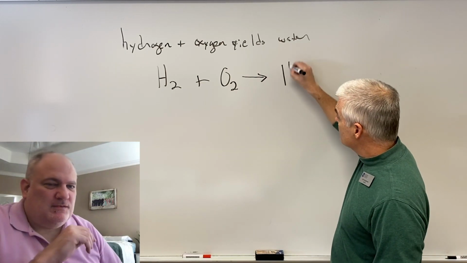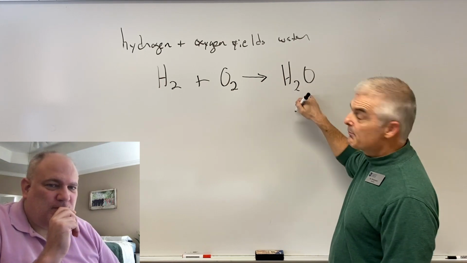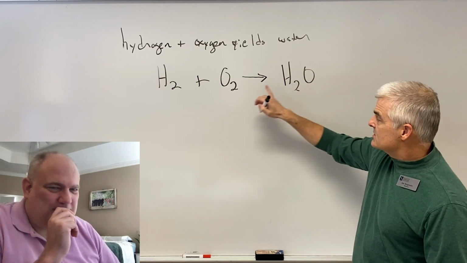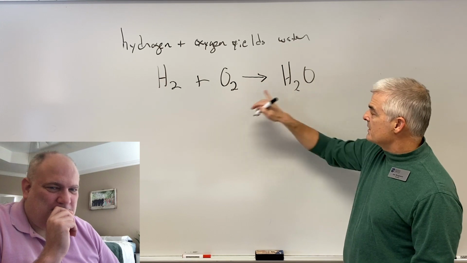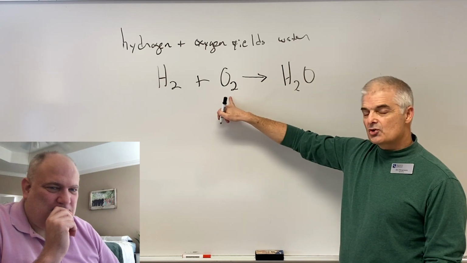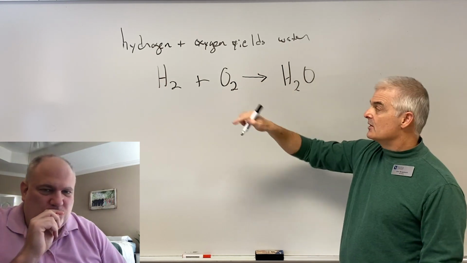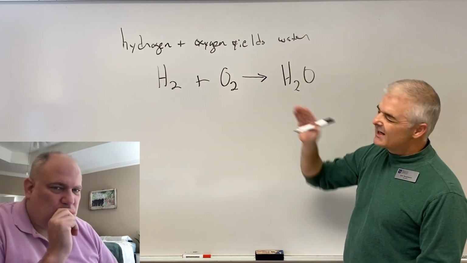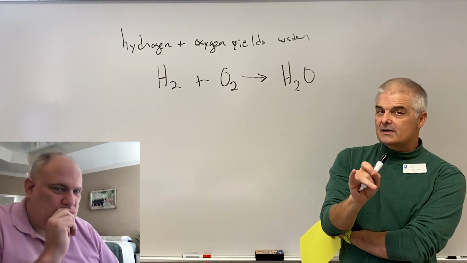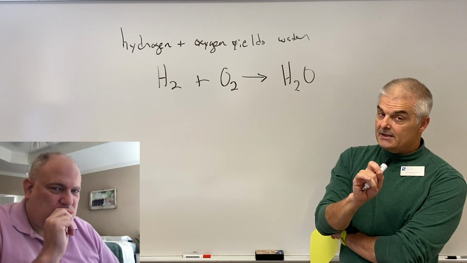Now you know water probably is H2O. Now this might bother some of you right now. You might say, wait a second, there's one H over here and two O's over here, and that's true. Later on in the next video, we're going to learn about how to deal with that. But the key, folks, is that you write the correct formulas down to make it work.